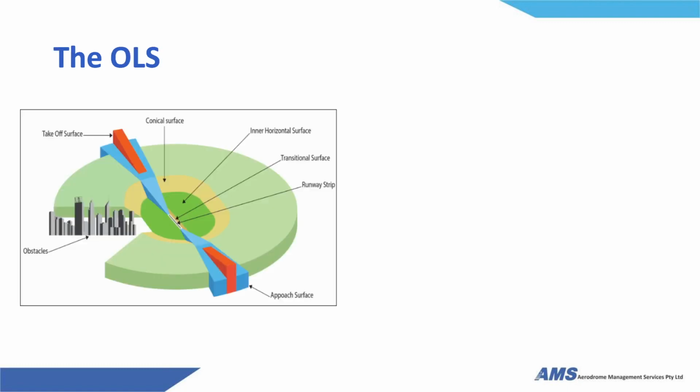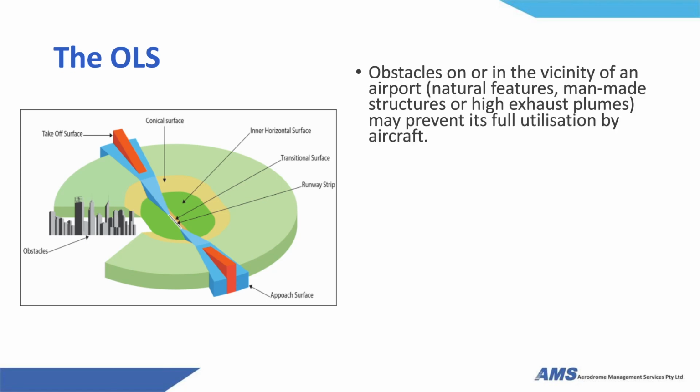Obstacle limitation surfaces, for those that haven't conducted the module, look like this. Any obstacles on or in the vicinity of an airport, whether they're natural features, man-made structures, or high exhaust plumes, may prevent its full utilisation by aircraft.